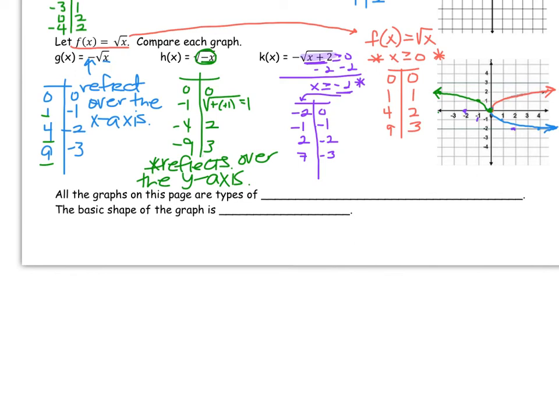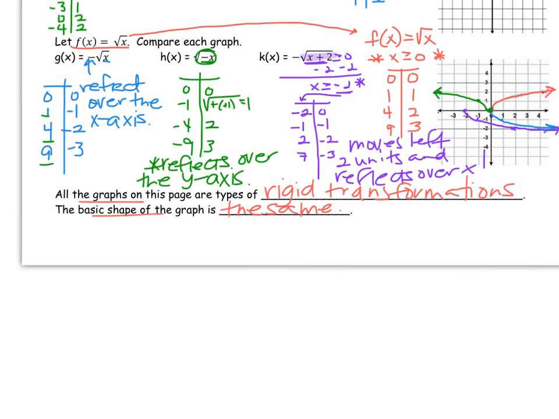So you can see the graph kind of does one of these over here. So not only did it move left 2, but it did another thing. So we have to describe both parts. Moves left 2 units and reflected over the x-axis. So it did double duty.